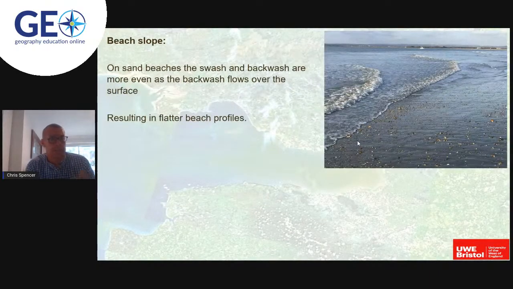Whereas on sand beaches, the swash and backwash are much more equal. The swash runs up and over the sands, very little percolates through, and so the backwash runs across the sand back out to sea. So they're much more even. We don't get so much dominance of one over the other, and we don't get as much material transported up the beach. Sand beaches tend to be much flatter.